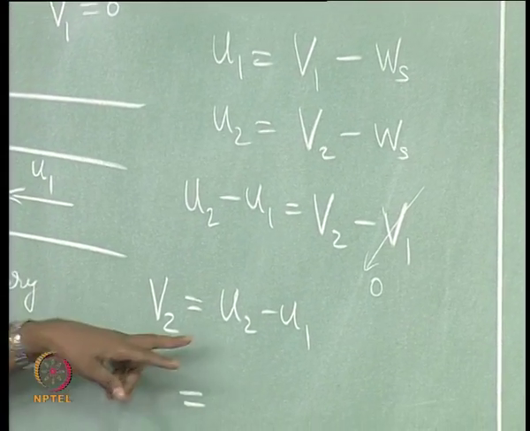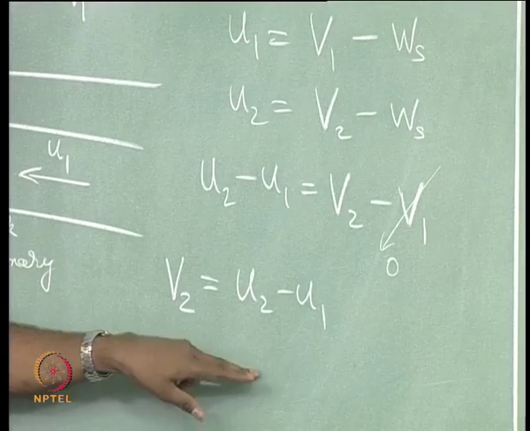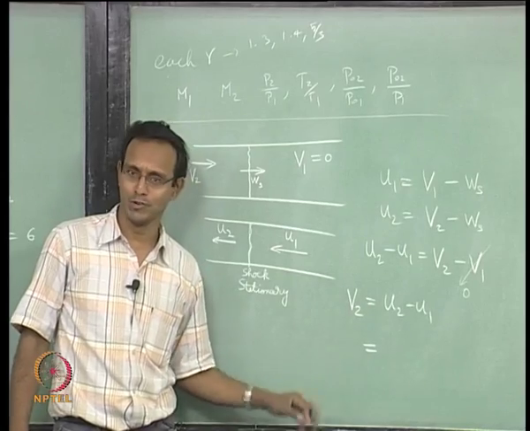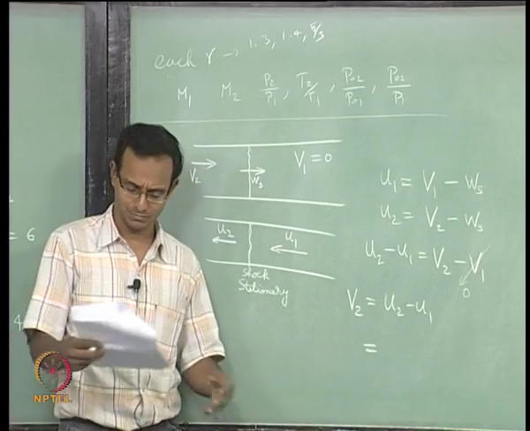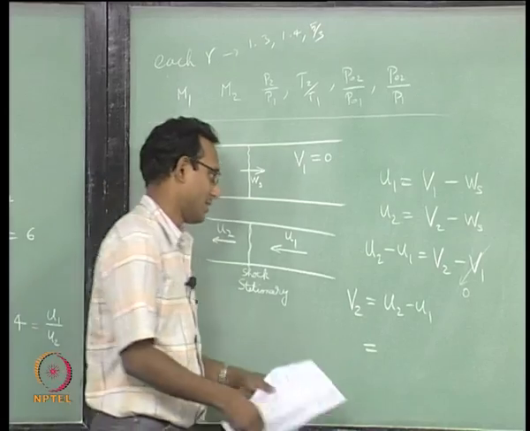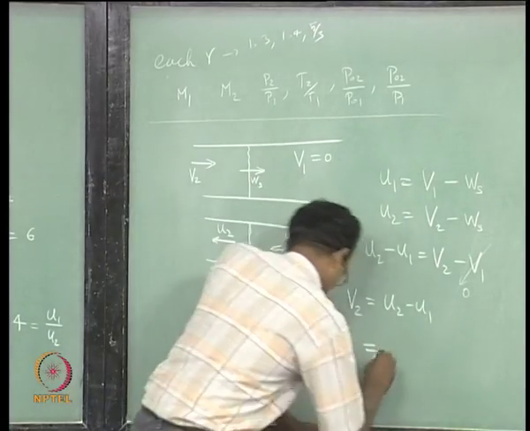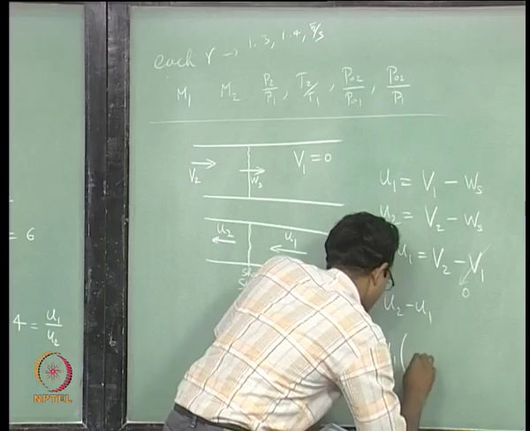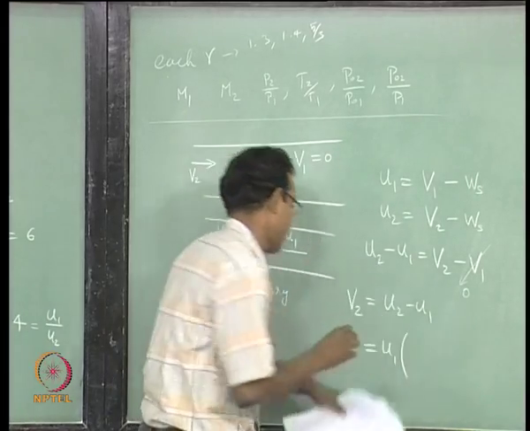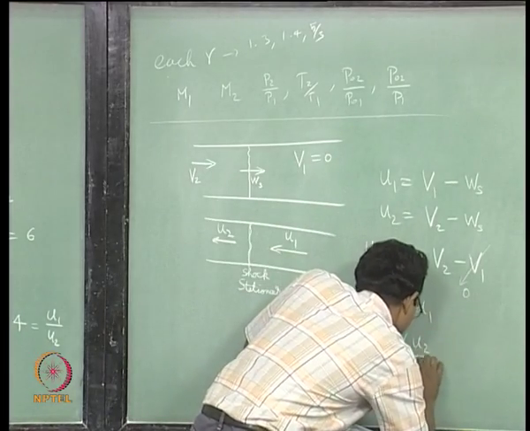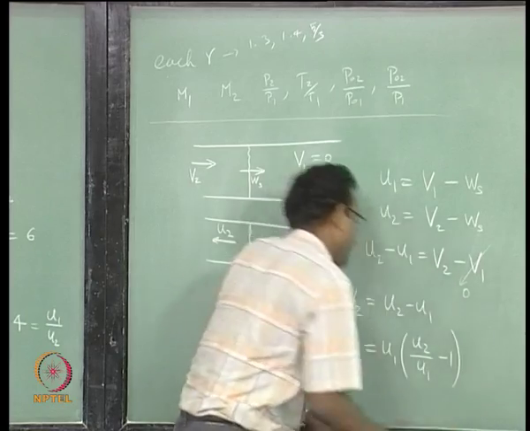How will I do it? I want to write it as u2 by u1, for which I have expressions, u2 by u1, u1 by u2, everything. So I will pull out a u1 and I will have u2 by u1 minus 1.